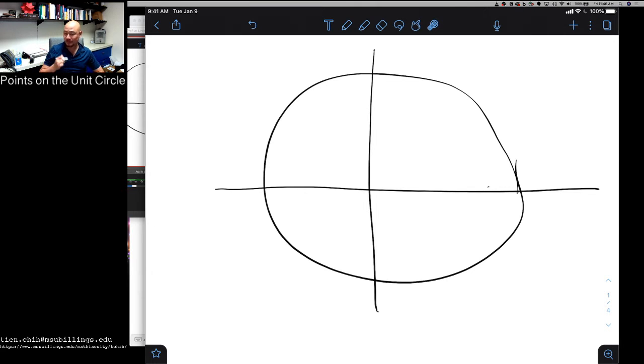And so we kind of want to establish some guidelines for how to think about the points on the unit circle and their x and y values. And the key here is that they all lie on the unit circle.